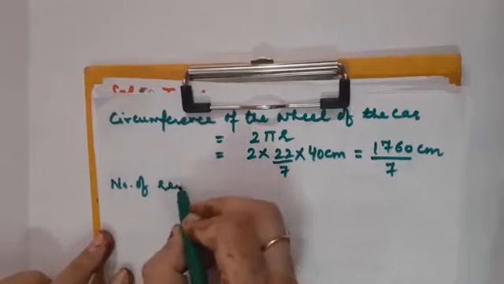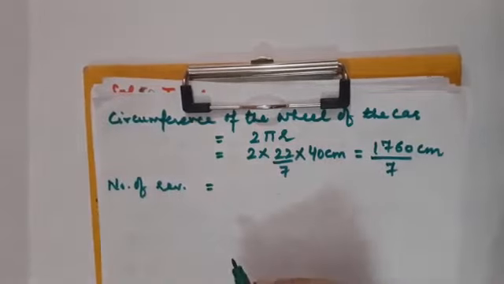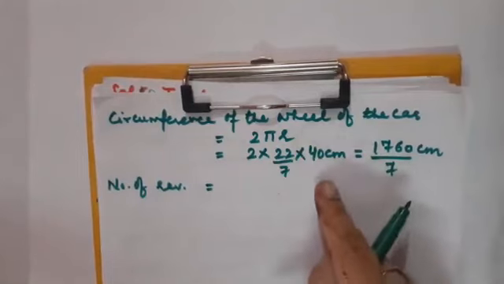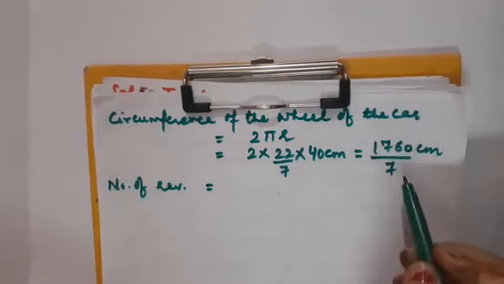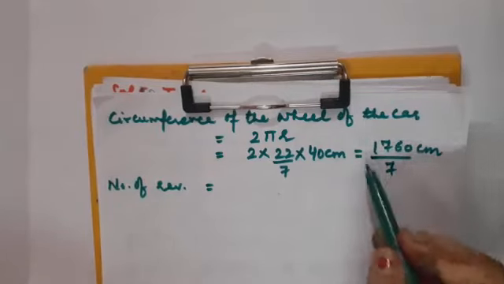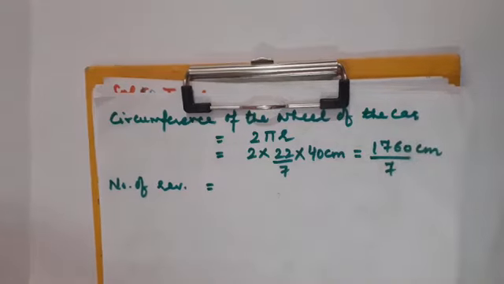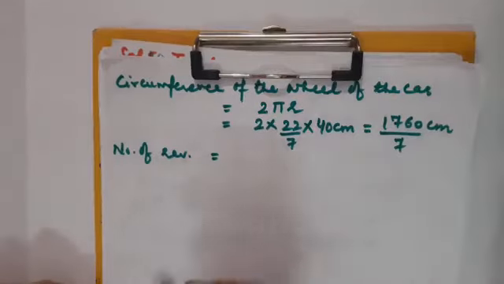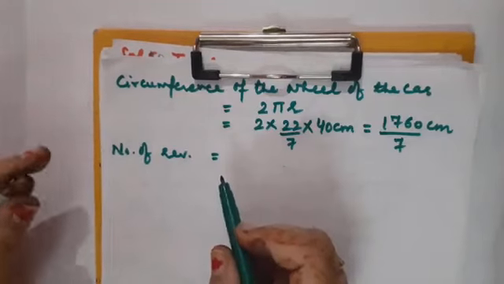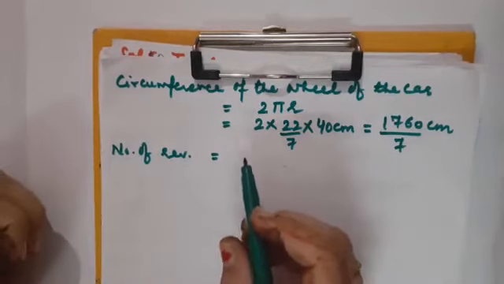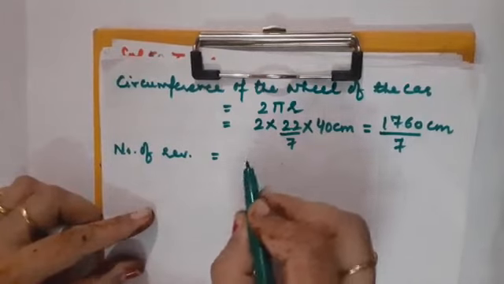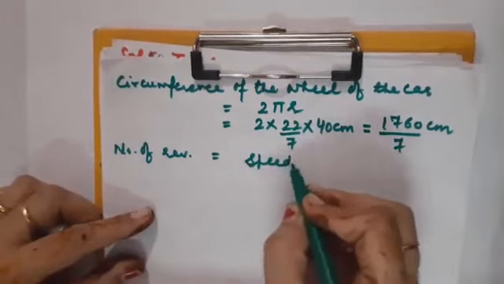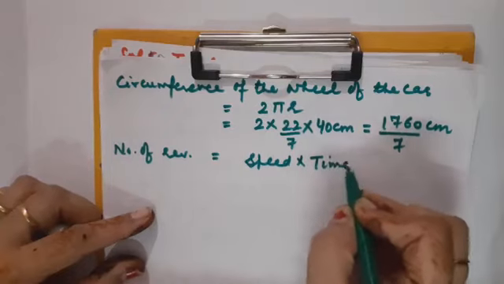Now the formula of number of revolutions I have told you. Let us recall the formula. Number of revolutions is equal to total distance covered by the wheel of the car divided by the circumference of the wheel of the car, or you can say that the distance covered by the wheel of the car in 1 round. Children, here we are going to calculate the distance covered by the wheel of the car in 10 minutes. See, the formula for distance is speed into time. Correct?